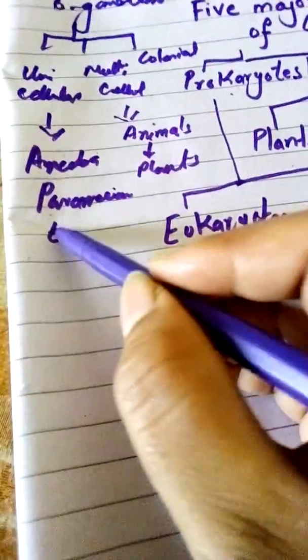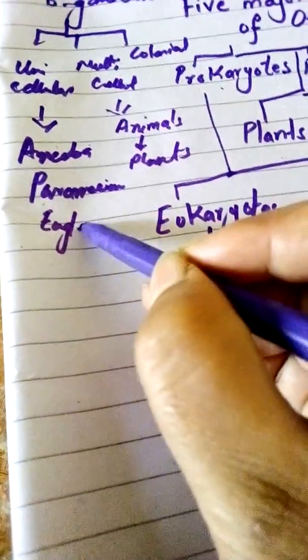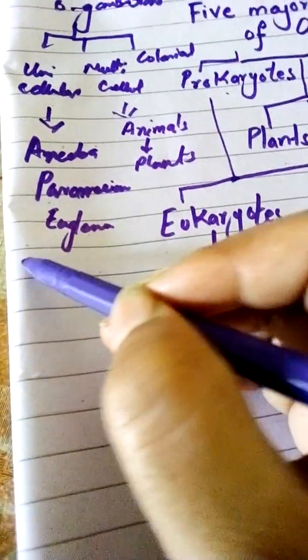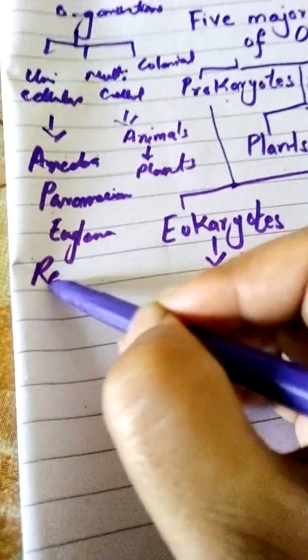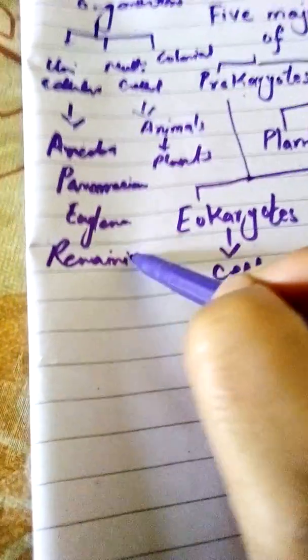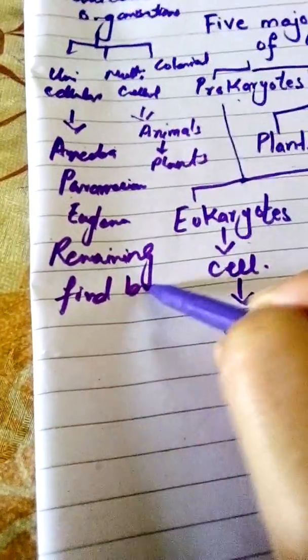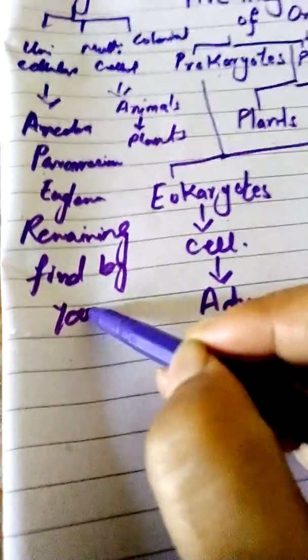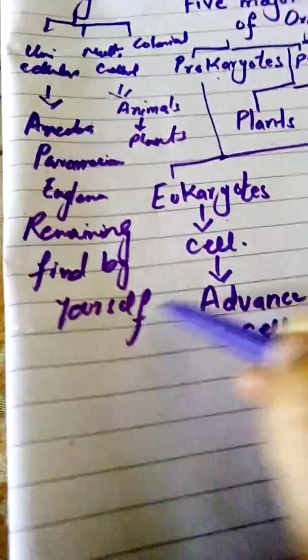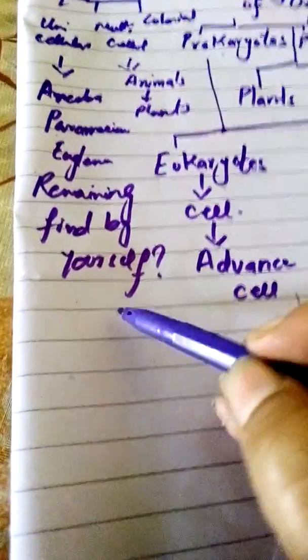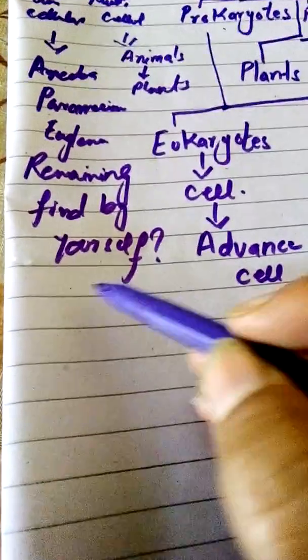Euglena also comes in it, and the remaining you find by yourself.